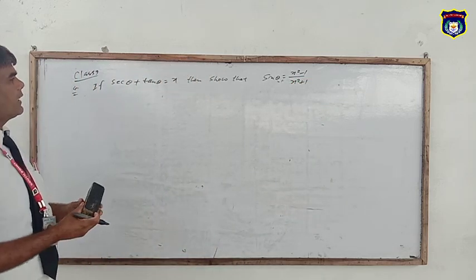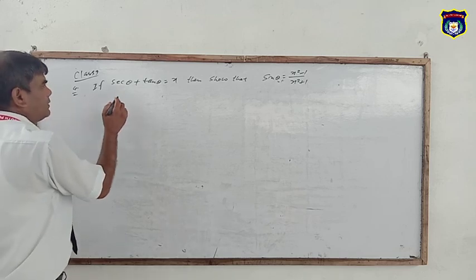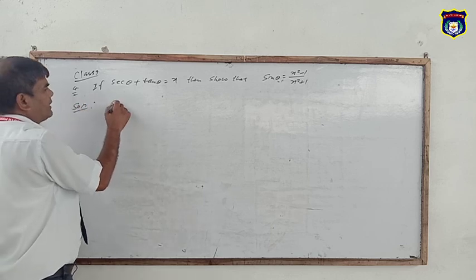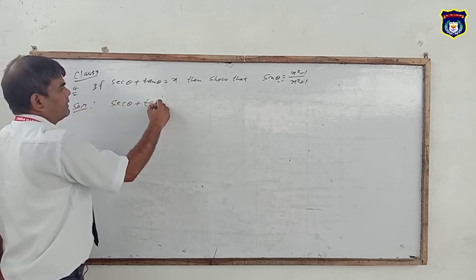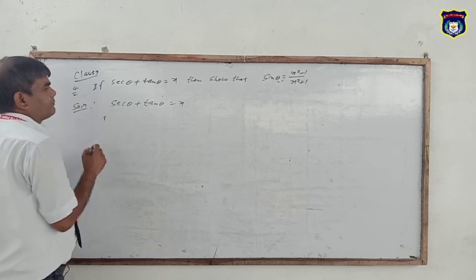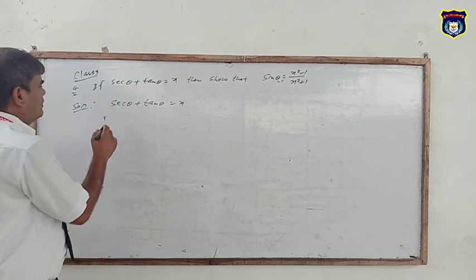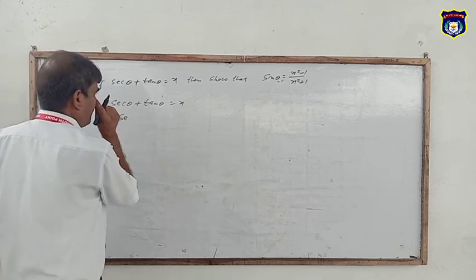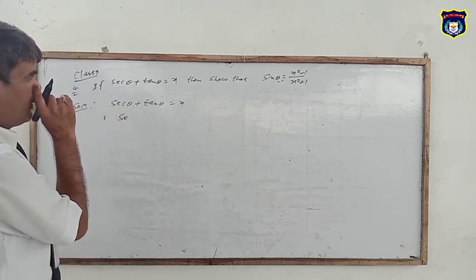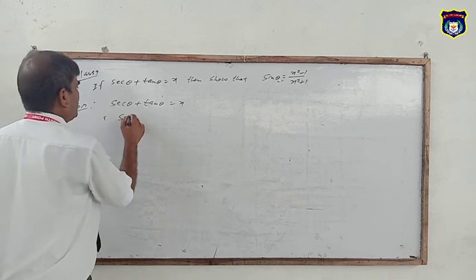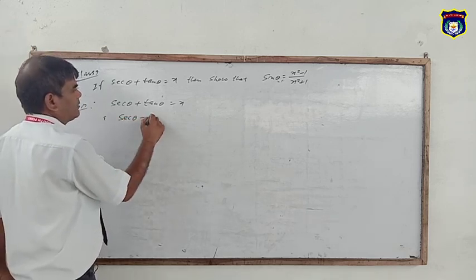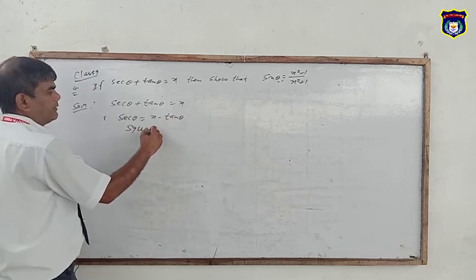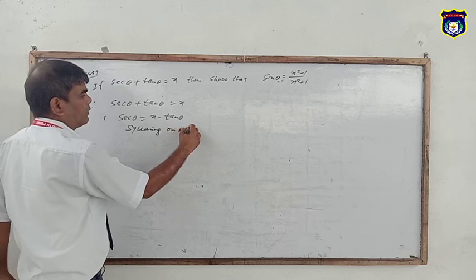Here sec theta plus tan theta is equal to x. Solution: sec theta plus tan theta is equal to x, or sec theta is equal to x minus tan theta, squaring on both sides.